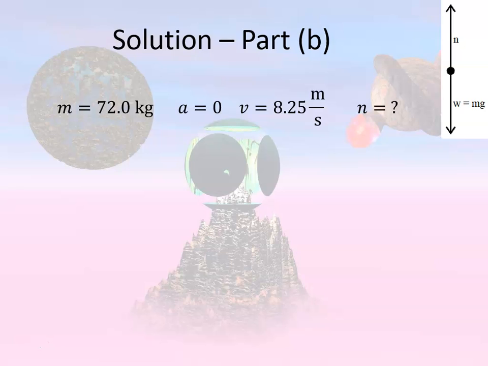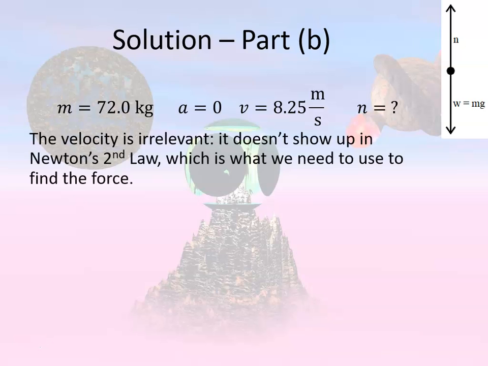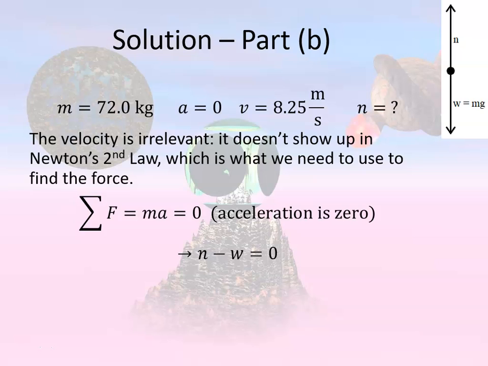Now, what about the constant velocity situation, part B, constant speed of 8.25 meters per second? Well, do you see a v anywhere in Newton's second law? You don't. So the velocity is irrelevant. The acceleration is what's relevant. It says constant speed, but we know elevators go in straight lines. So the acceleration is 0. So net force equals 0. Does that mean the normal force is 0?